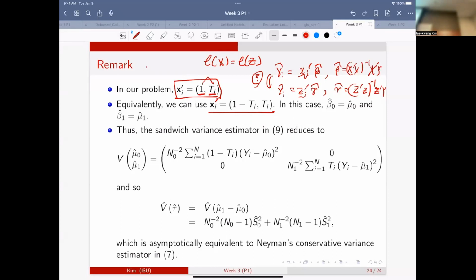Because if you use that, then X prime X is diagonal, right? Because they are orthogonal, so they are diagonal. So the inverse is easy to compute. Well, computing a 2 by 2 matrix inverse is not difficult anyway, but we want to make it even easier.